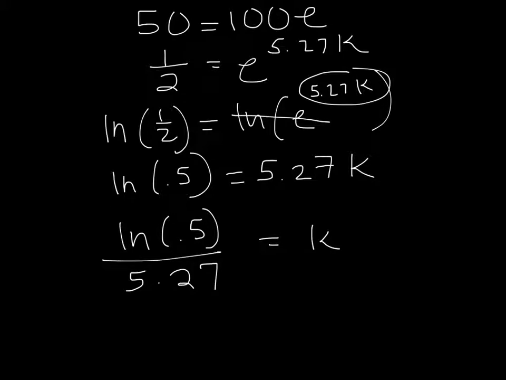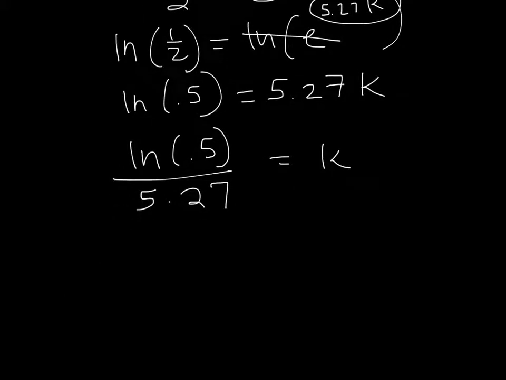If we input that into our calculator and round to 3 decimal places, it's definitely going to be negative 0.131. Okay, so we found our k.